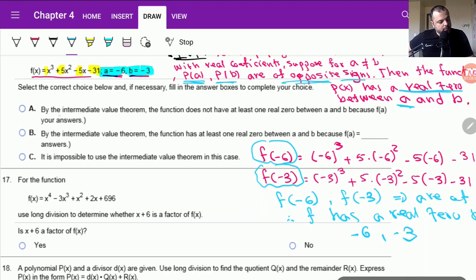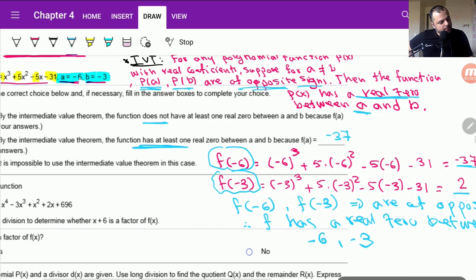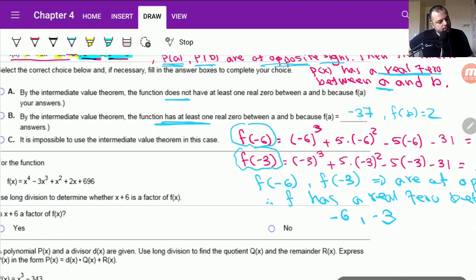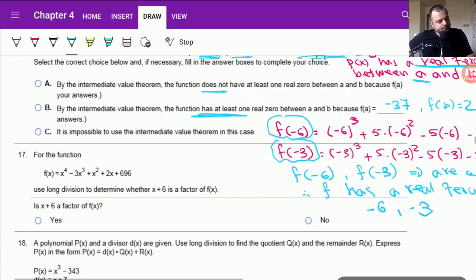By the intermediate value theorem, the function has at least one real zero between a and b, because f of a is negative 37 and f of b is positive 2, right? So the answer is B.